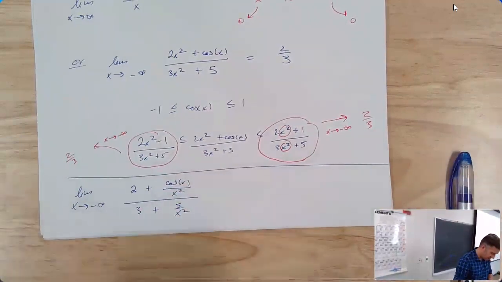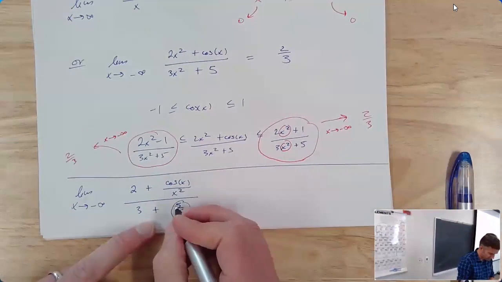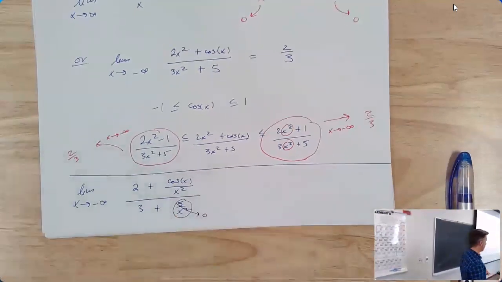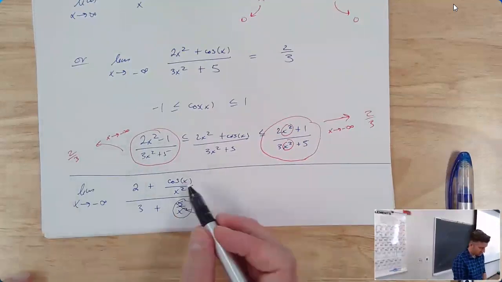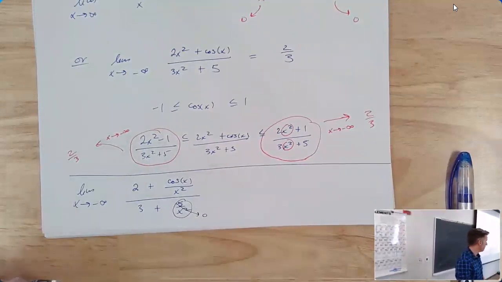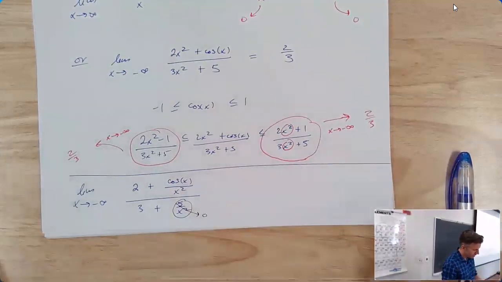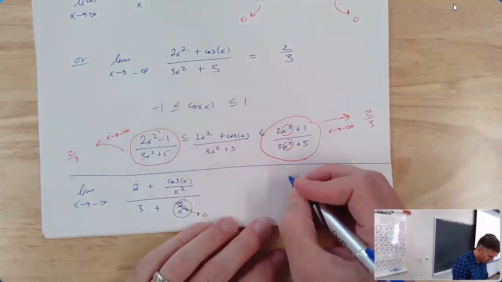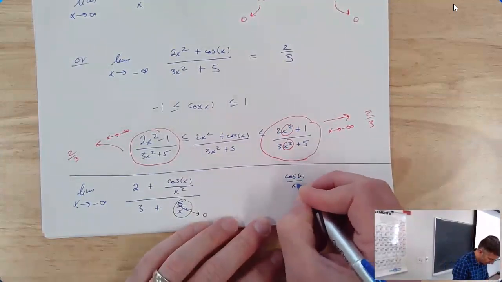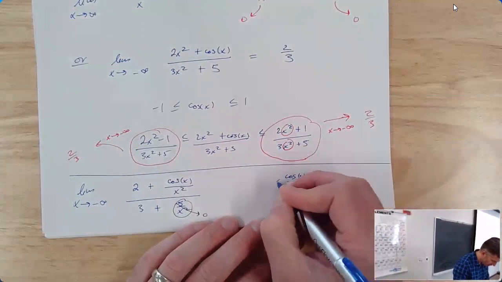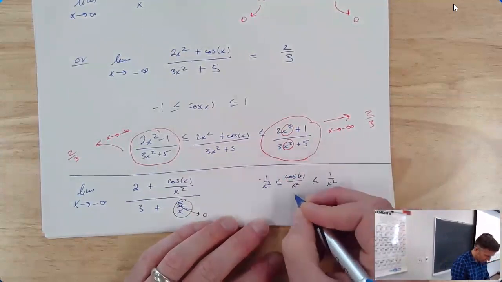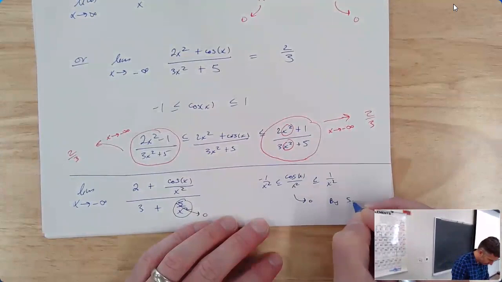Now we know that 5 over x squared goes to 0 because there's a rule that says a constant divided by x to a positive power goes to 0 as x goes to plus or minus infinity. But how do we know that cosine x over x squared goes to 0? By the squeeze theorem. We know that cosine of x over x squared is between 1 over x squared and -1 over x squared, and then this goes to 0 by the squeeze theorem.